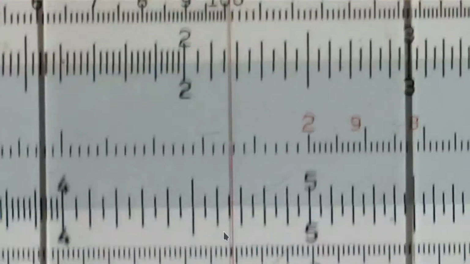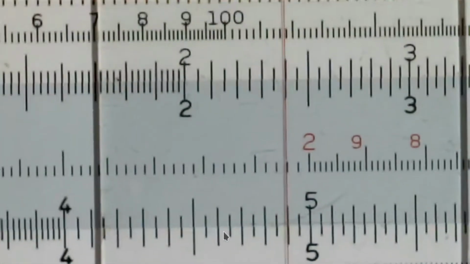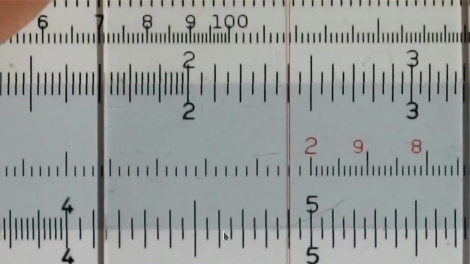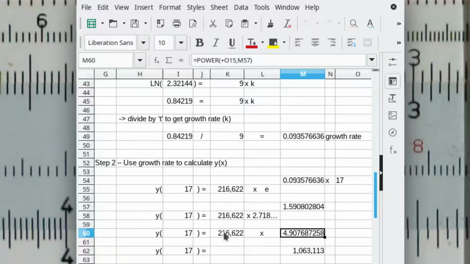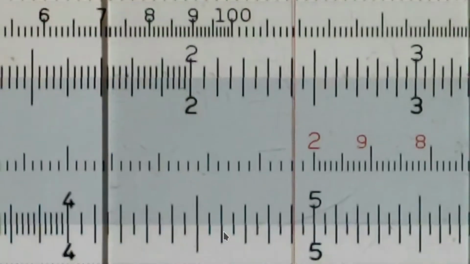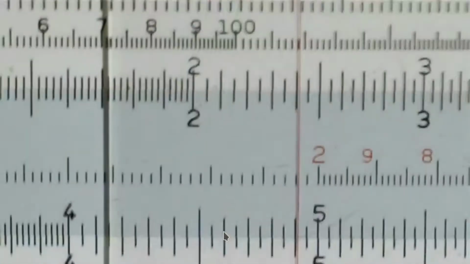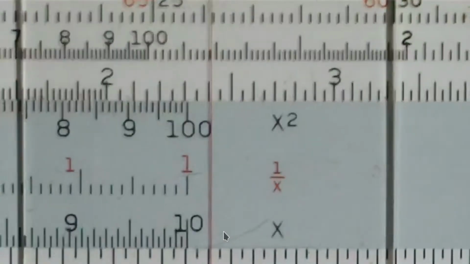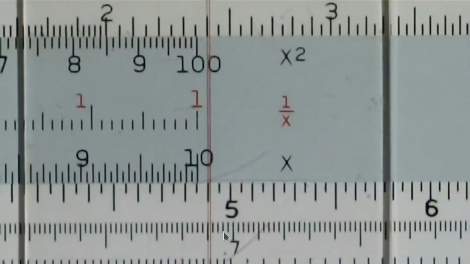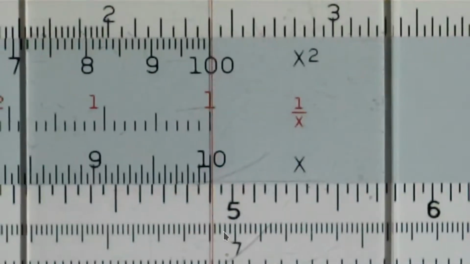So here we set it back on the C and D scale, 4.9 and a bit. And for a multiplication, we just bring the end of the slide above where it needs to be. So here's 4.9. We bring the end of the index there, and a bit more. 4.9 and a bit. There you go.